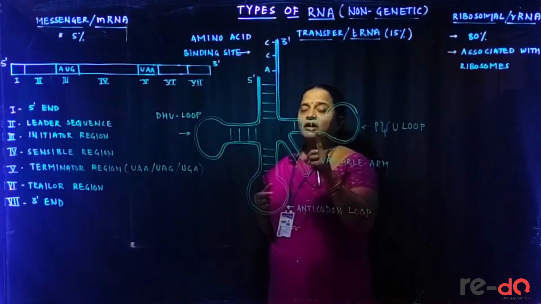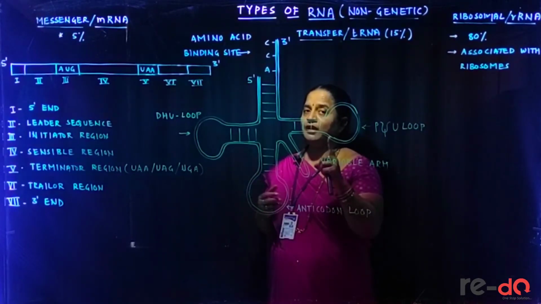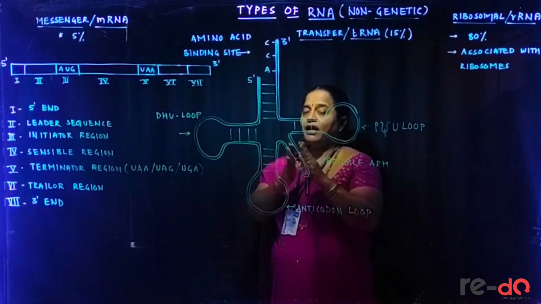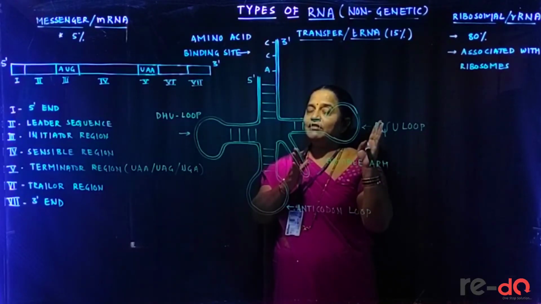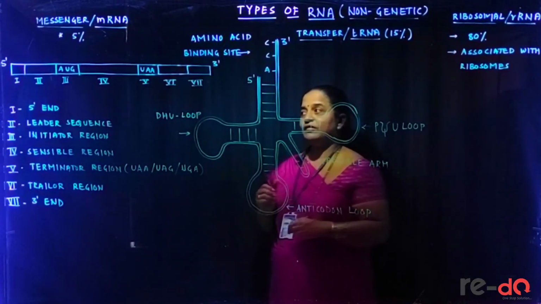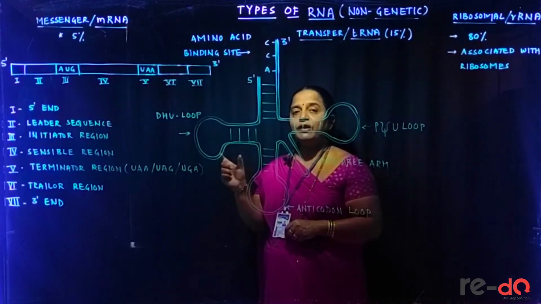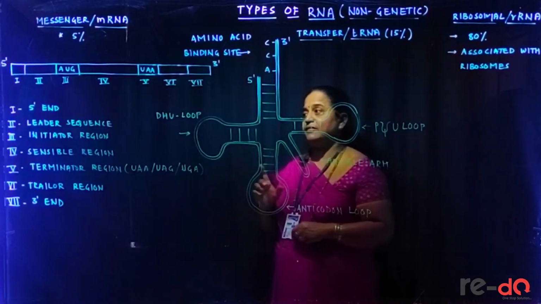So the first amino acid present in any protein synthesized by the cell is methionine. It is the initiator amino acid. From that amino acid, further amino acids start linking with each other by peptide bonds. So AUG is the initiator region from where protein synthesis, so-called translation, begins.